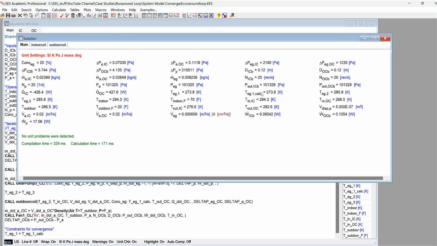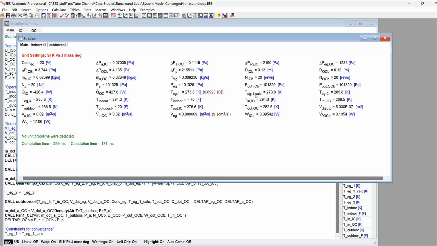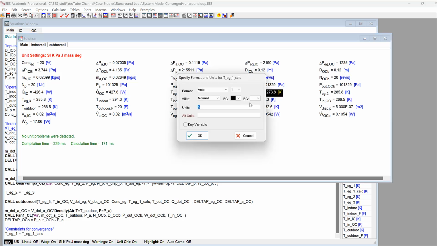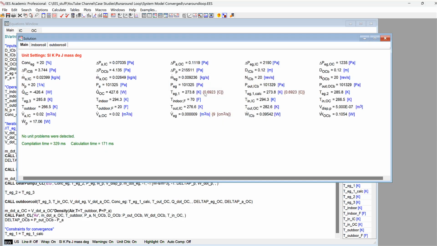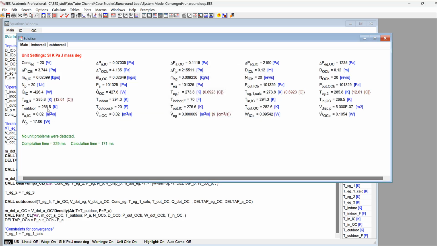So the ethylene glycol temperature that converges is, let's see, these two of course have to be the same. That's my convergence criteria. And you go in at 0.7, you come out at 12.6, and we're setting the temperature rise across the pump to be 0.